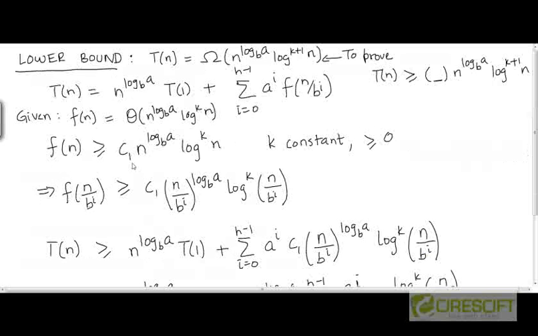So focusing only on the first inequality, we are given that f of n is bounded from below by some constant multiple of n to the power log base b of a times log to the power k of n.